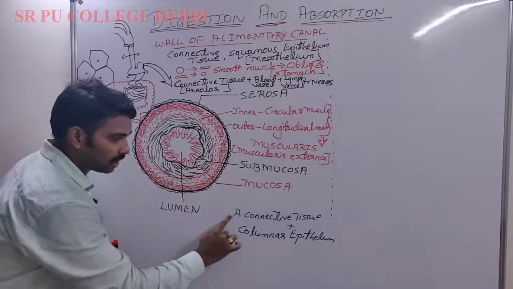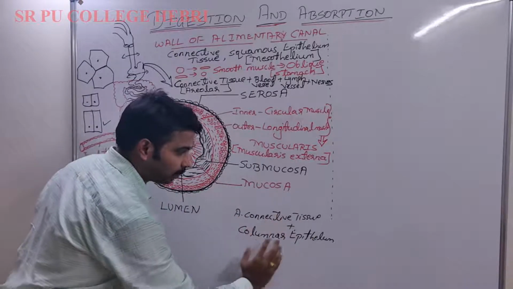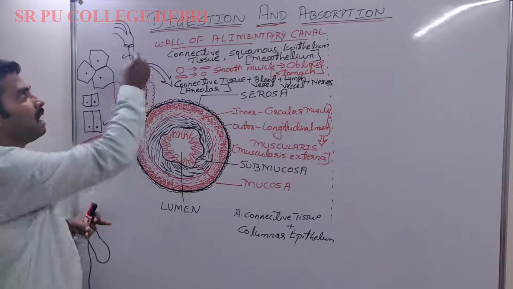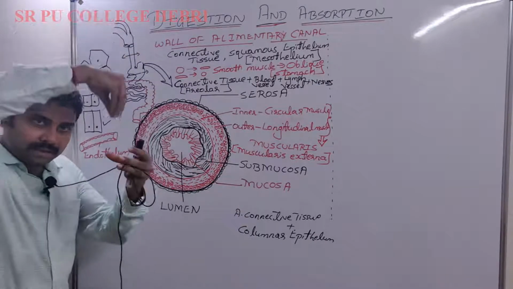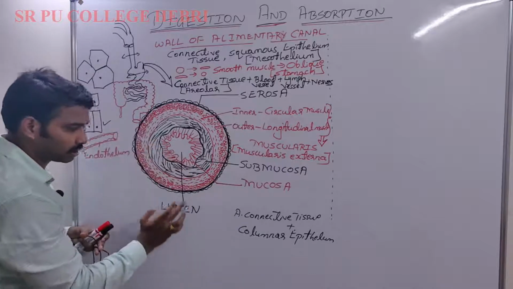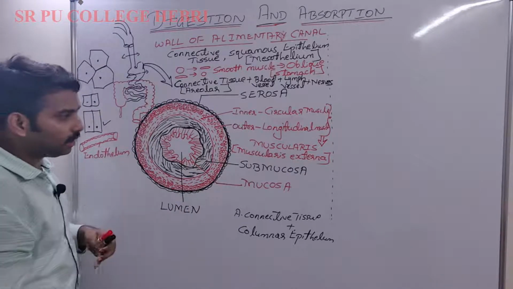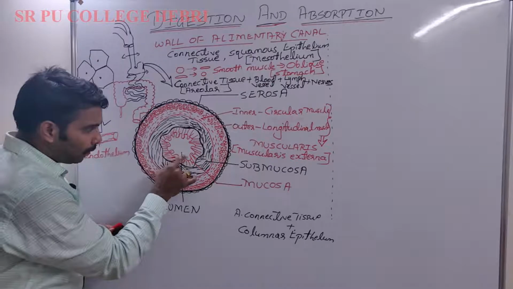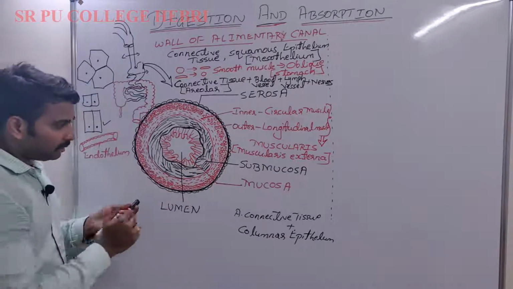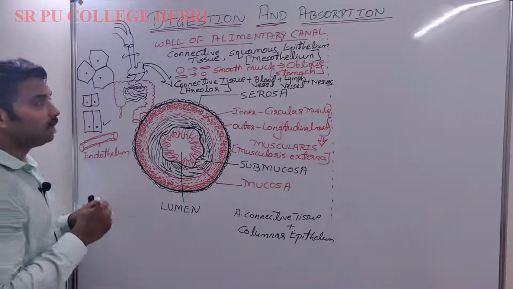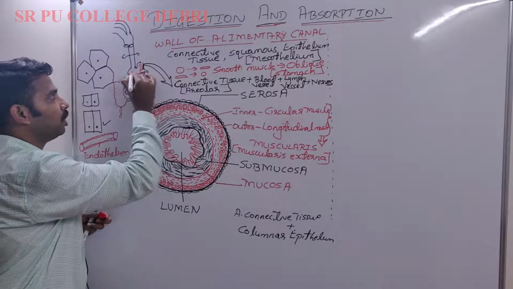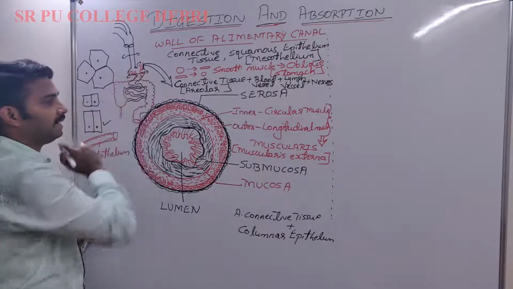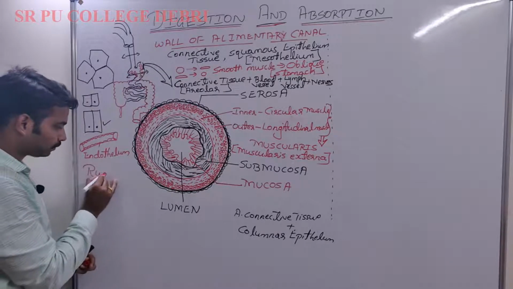Innermost is mucosa made up of areolar connective tissue plus columnar epithelium, and the central space where food passes, this is the central space. This is called what? Lumen. And another very important point, when you observe this mucosa, the same mucosa, when the stomach is empty, mucosa forms lot of foldings, and these foldings are called what?